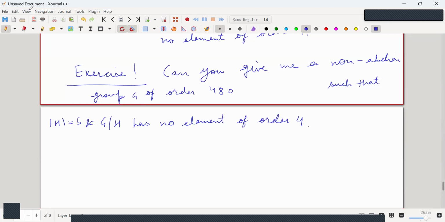G of order 480 with H normal in G such that the order of H is 5 and G by H has no element of order 4. So you have some idea.